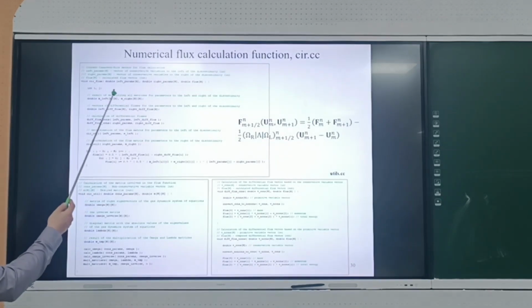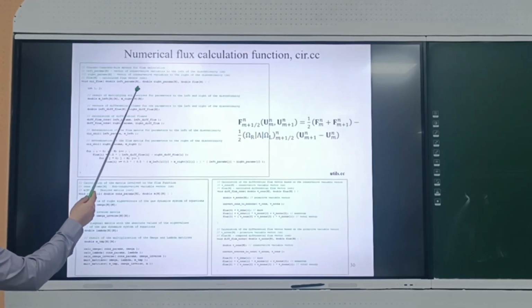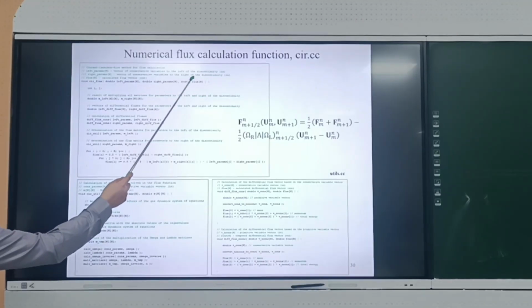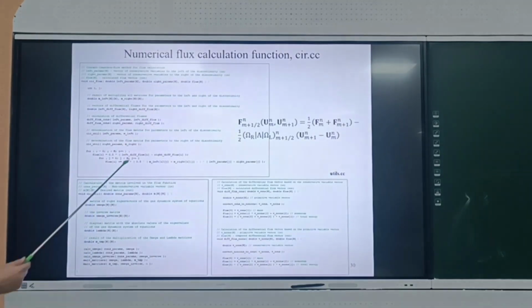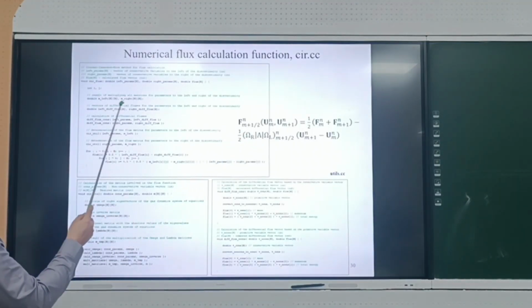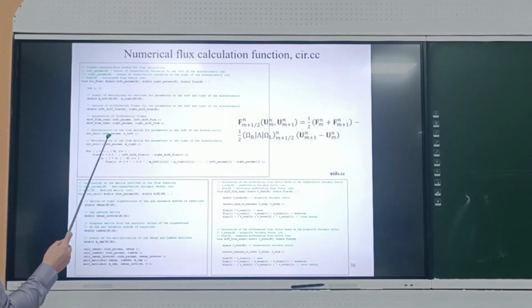Okay, so this is the Kronecker-Sonneries flux. The input parameters are the conservative variables to the left and to the right, and finally the result should be the flux. Here this formula is implemented. So this is the F m plus 1.